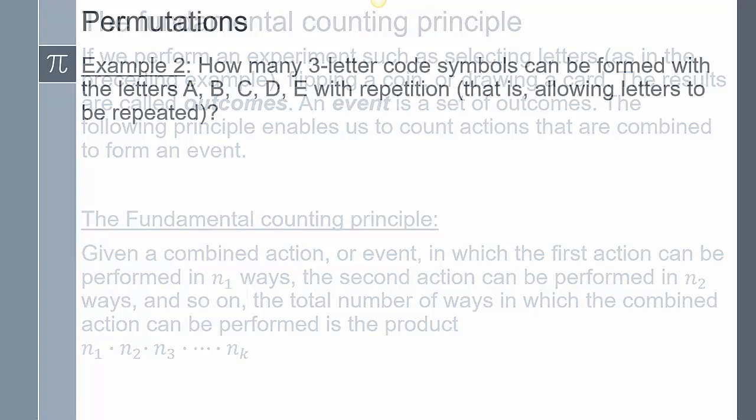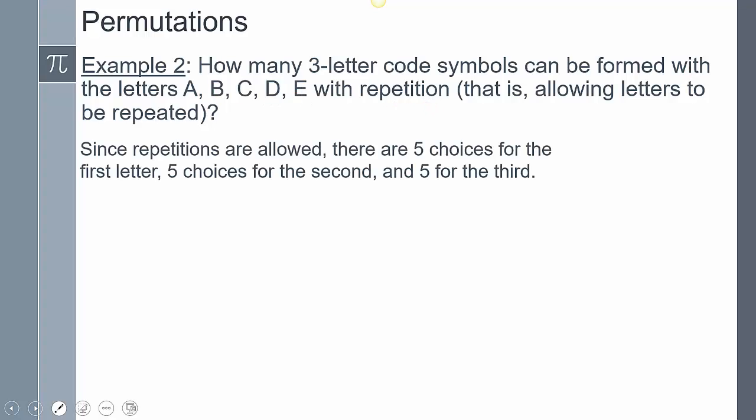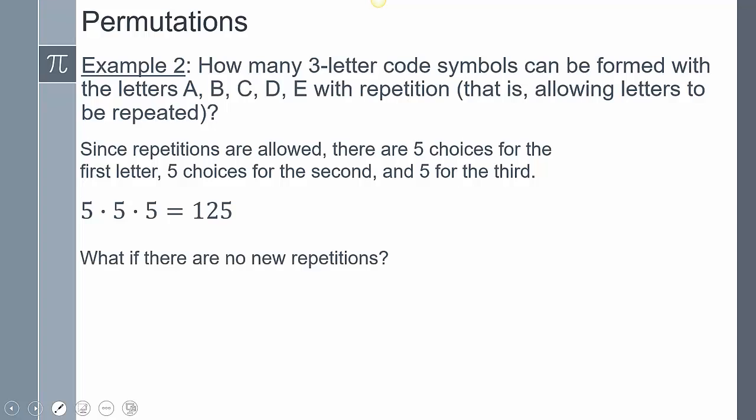If I can repeat, my first one is going to be 5. Since I'm able to repeat, my second one is also going to be 5, and my third can be repeated too. So I'm just going to get 5 times 5 times 5, and you multiply those together and you get 125.